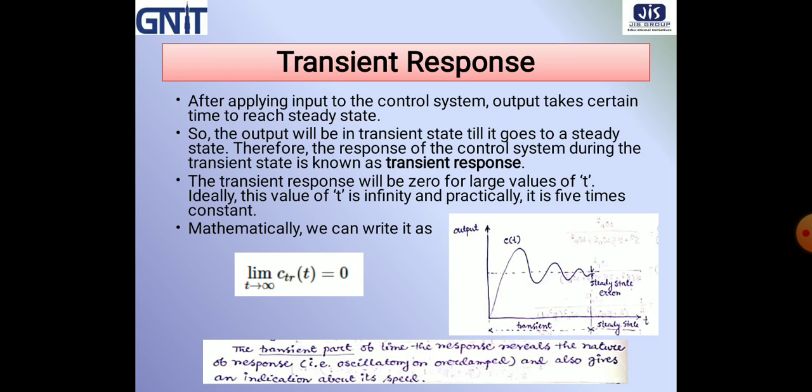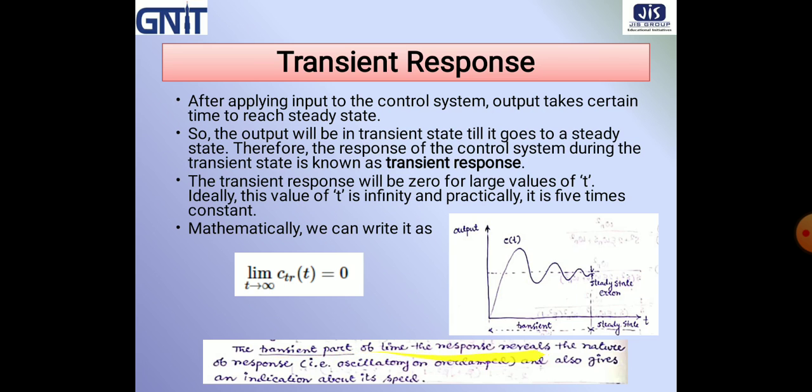Now, if t, that is the time, tends to infinity, then we can neglect the transient response. So mathematically, we can write limit t tends to infinity, c_tr(t) is equal to 0. That means if t is very large, then we can neglect the transient response of a system.